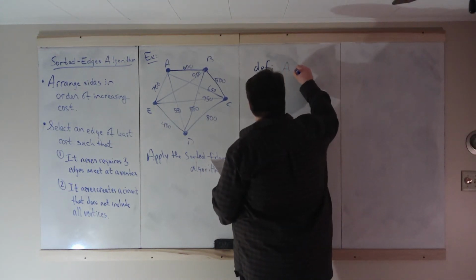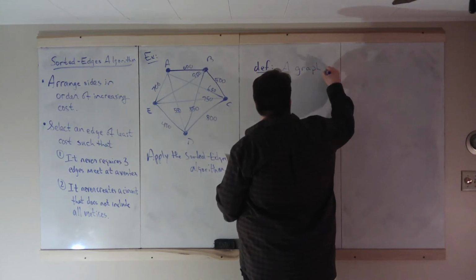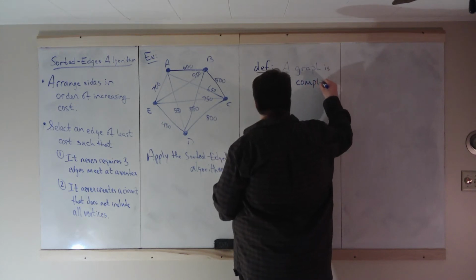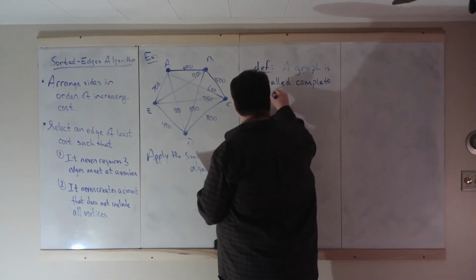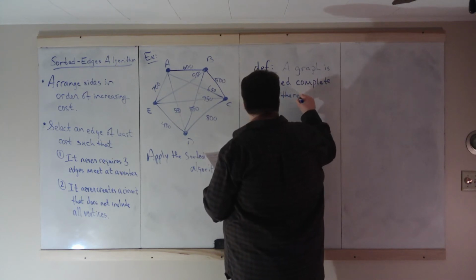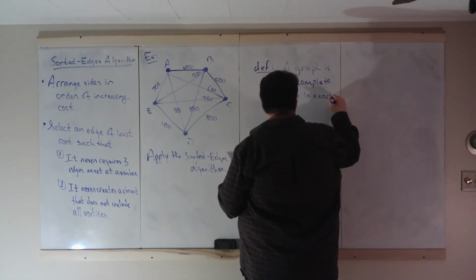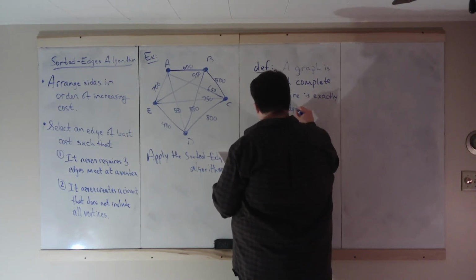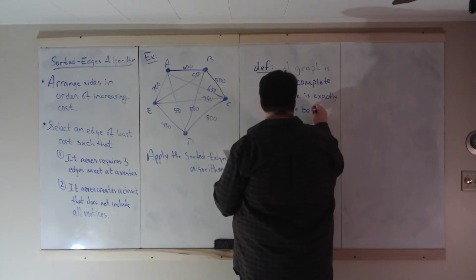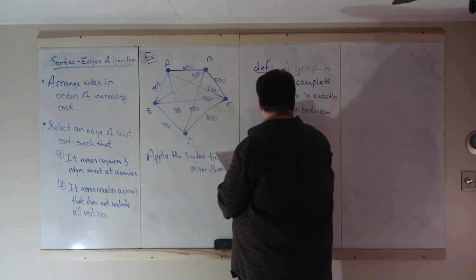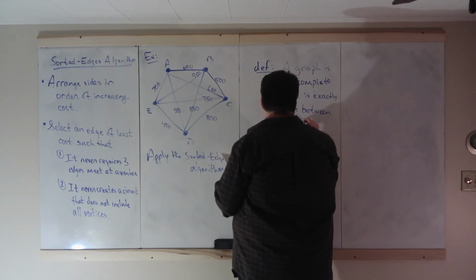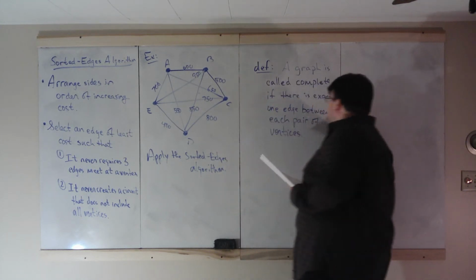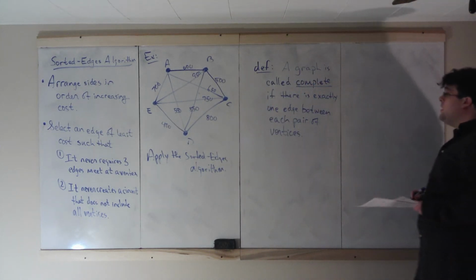So definition: a graph is called complete if there is exactly one edge between each pair of vertices.